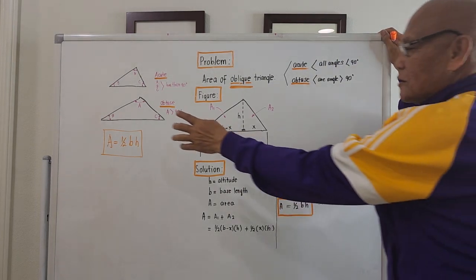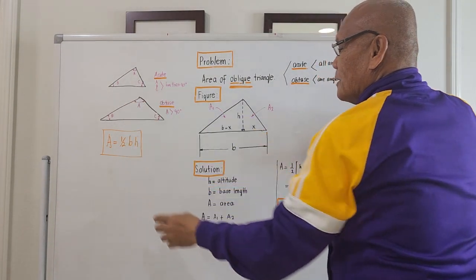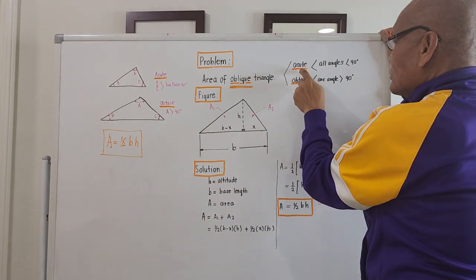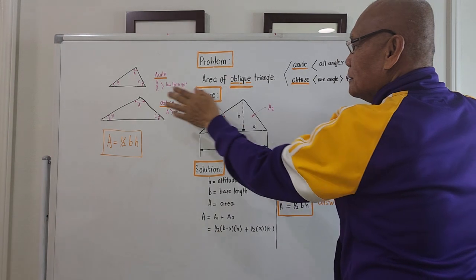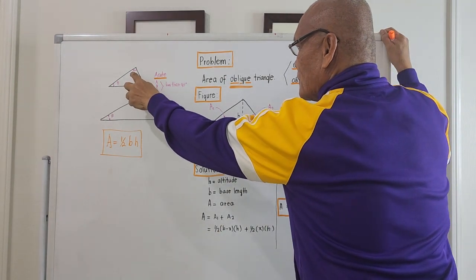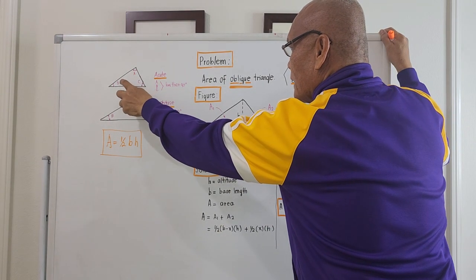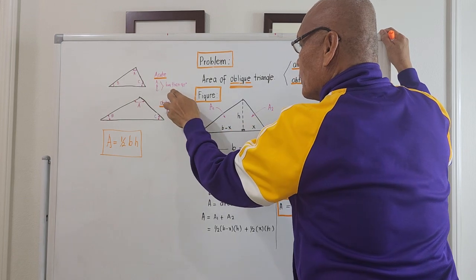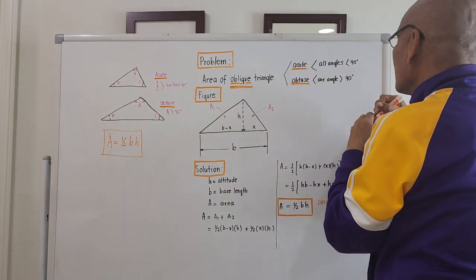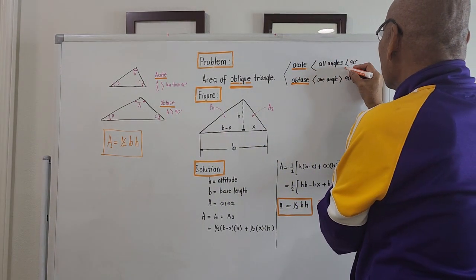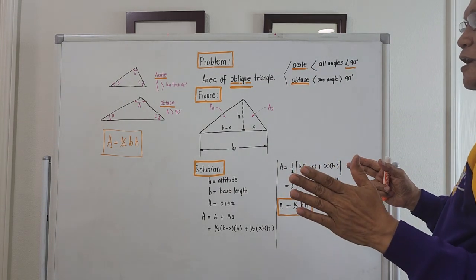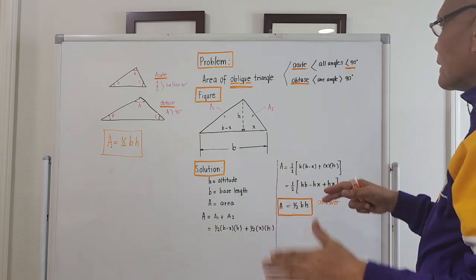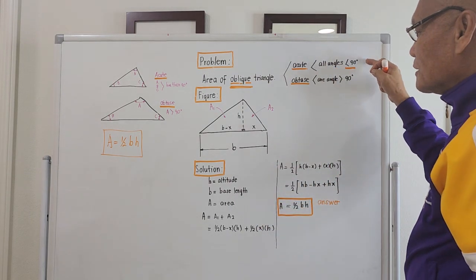It is something like this, the figure here. Meaning, for it to be acute and fall under oblique, angle A, angle B, and angle C should all be less than 90 degrees. It can be considered an oblique triangle if all the angles are less than 90 degrees.